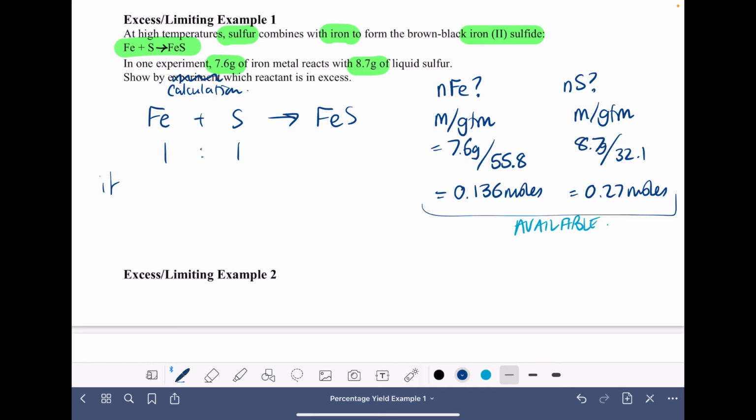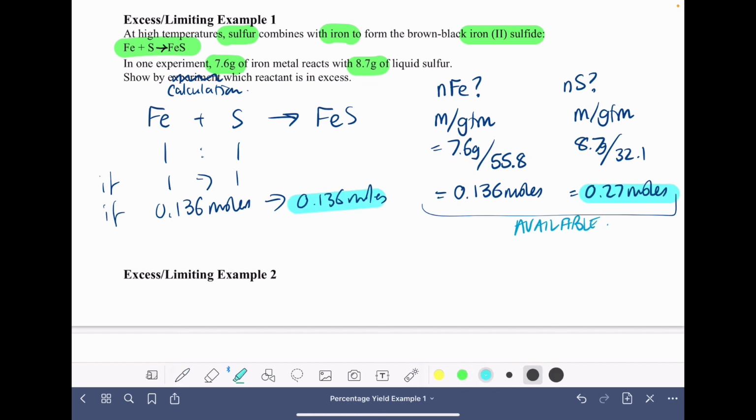What the mole ratio tells us is what would be required. If we had 1 mole, we would require 1 mole. If we had 0.136 moles, which we actually have, it would require 0.136 moles of sulfur. Now, we actually have 0.27 moles. If we compare these two numbers, this is the number of moles that we have available, and this is the number of moles of sulfur that are required.